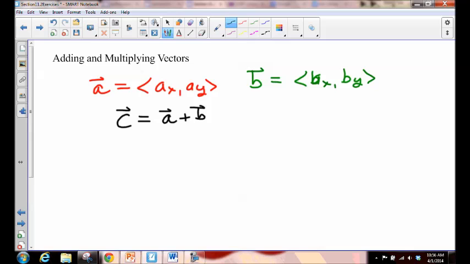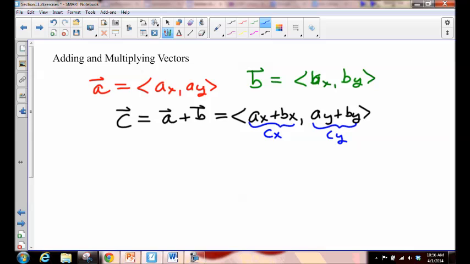And because I am treating the x direction and the y direction separately, like I said before, the x component of my new vector is going to be ax plus bx, and the y component of my new vector is going to be ay plus by, and this will be the x component of c, and this will be the y component of c.